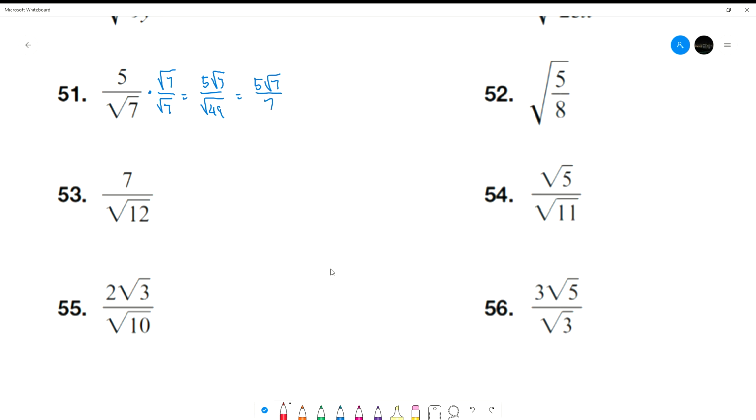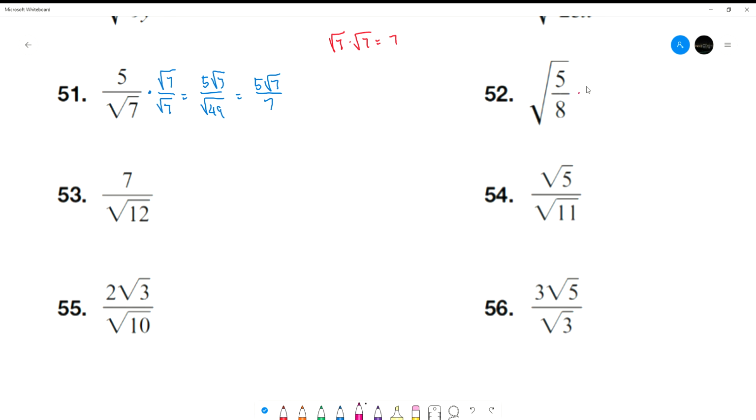Now, quick note, we talked about this earlier. When we do radical 7 times radical 7, we can just skip this step here and just write 7. So just wanted to make a note of that so we could start doing that.